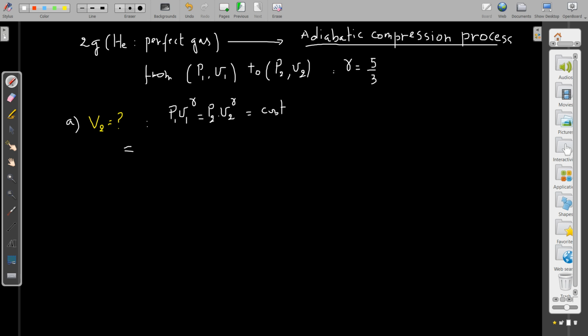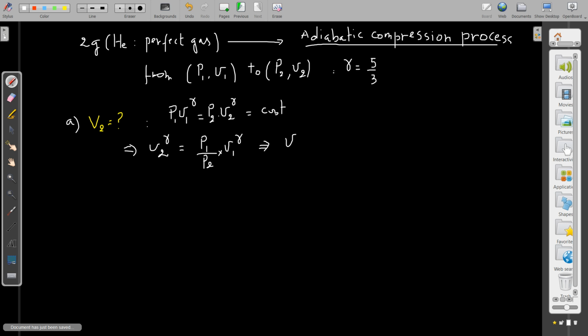By the way, the volume V2 power gamma is equal to P1 over P2 multiplied by V1 power gamma. But we need V2. So here we take the root of order gamma.